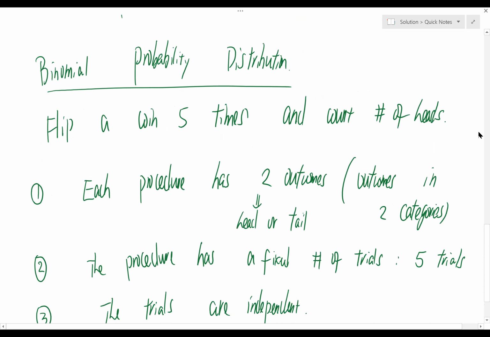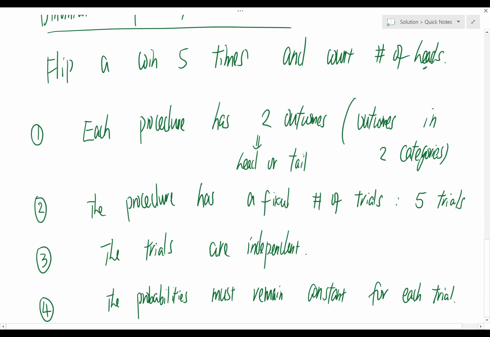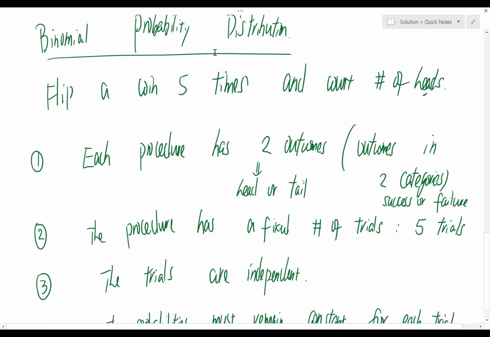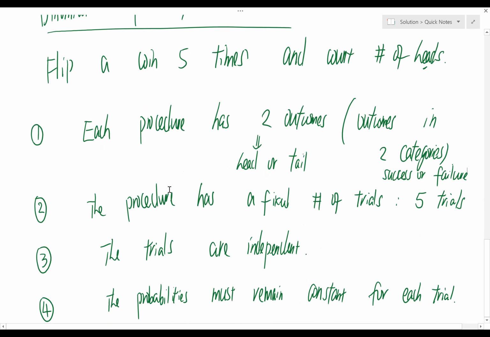And here, if let's say we're betting on heads, assuming getting a head is a success event. So in this case, more broadly speaking, you can just look at outcomes in 2 categories, either success or failure, right? So if you are betting on a head, getting a head is a success event, and getting a tail is a failure event.